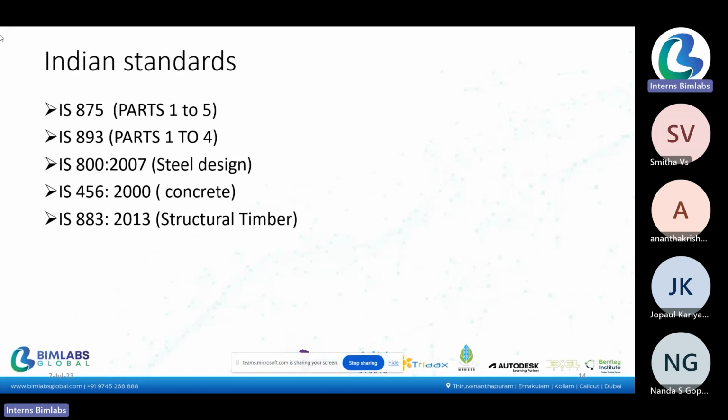Likewise, the European codes have EN 1993, used for steel, and EN 1990, for basic structural design. There are also ACI codes, ACI 318, used for concrete, and EN 1994, for composite structures. There are so many codes.